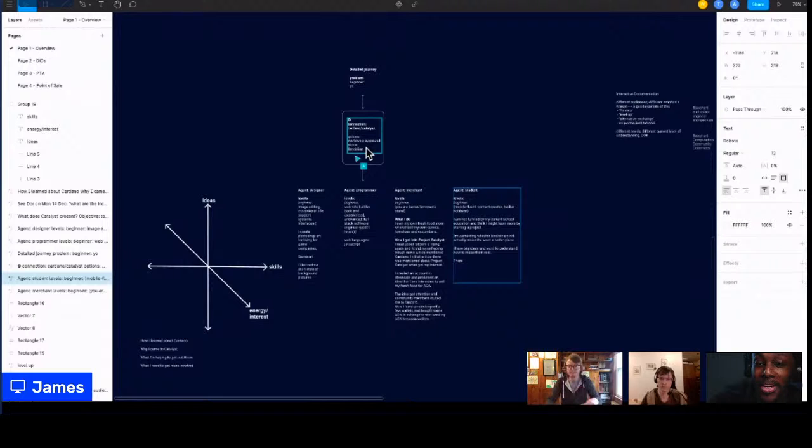Yeah, absolutely, because the connective tissue is quite important.